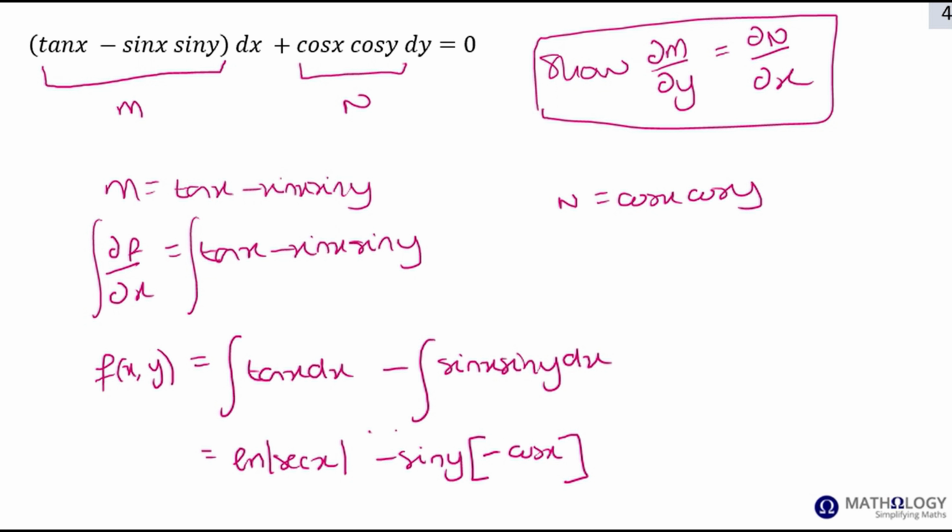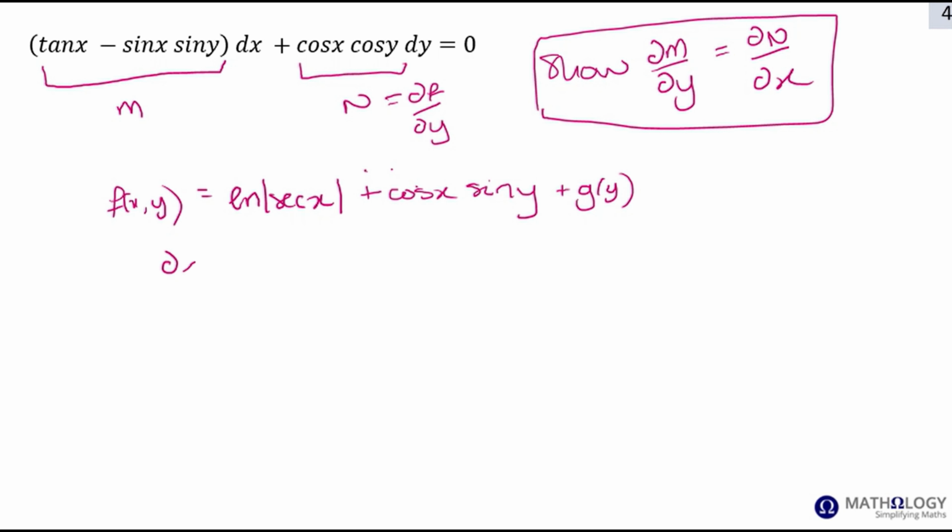Again, we are integrating with respect to x, so the constant of integration will be a function of y. So we'll just have g of y to represent that constant. We're now going to take the partial derivative of f with respect to y, and we're going to equate the resulting expression to the expression we have for n, which is also an expression for the partial of f with respect to y.